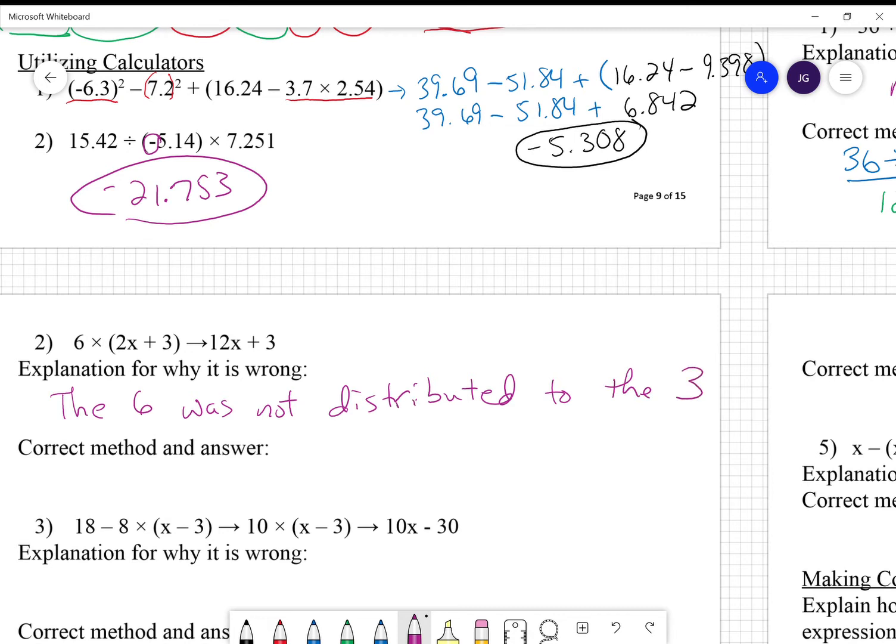Correct method. Six times 2x is 12x. 6 times 3 is 18. 12x plus 18. Next example.